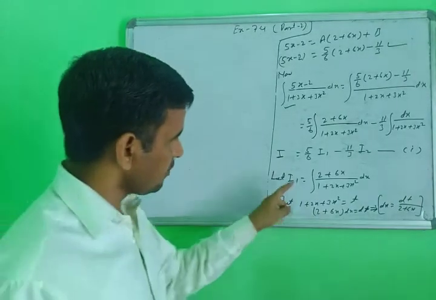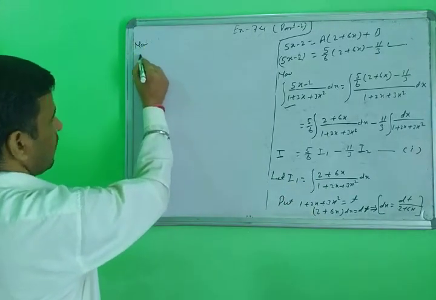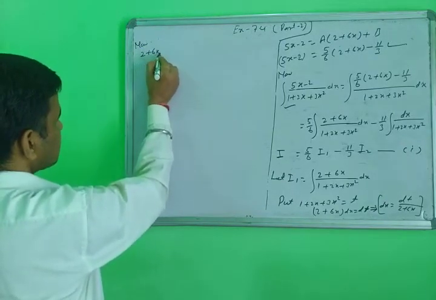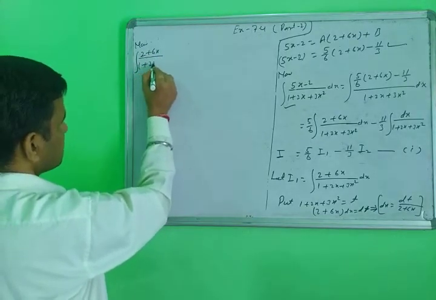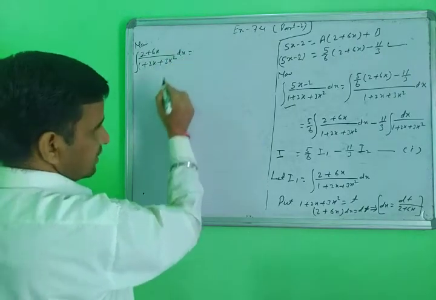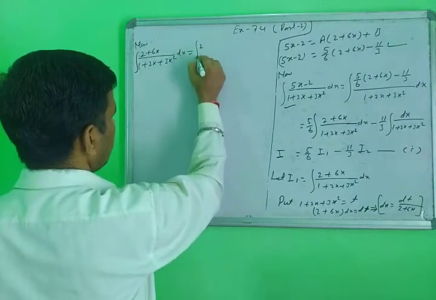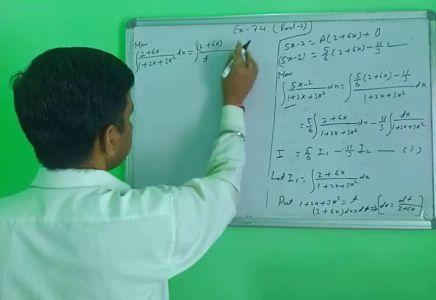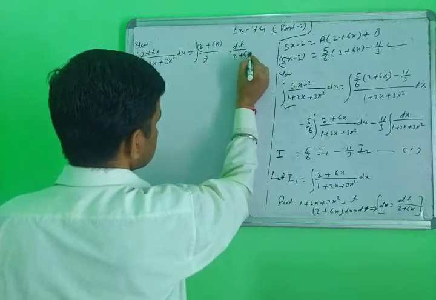Yes student, the value of I1 you will write here: integration of (2 + 6x) upon (1 + 2x + 3x²) dx. Putting t, and the value of dx is dt over (2 + 6x).